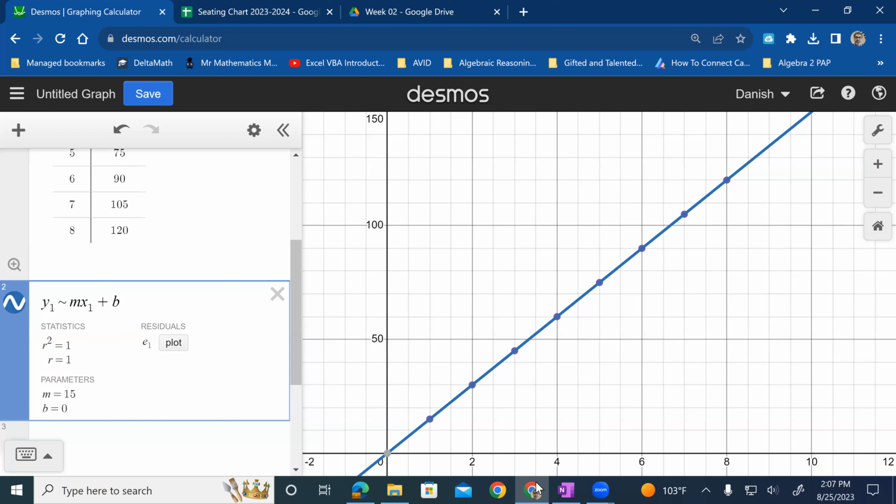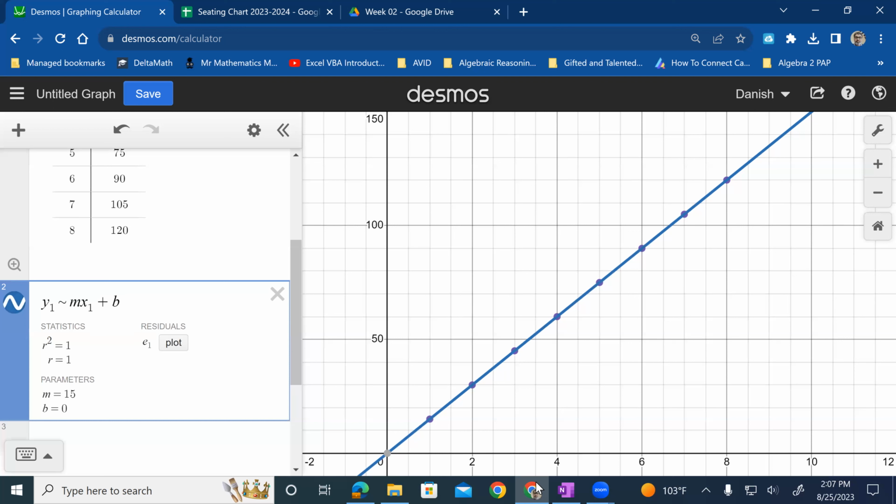The line is plotted over here, which is a good job. That's what we wanted to do. Did you notice that all the points are exactly on the line? All the points that we plotted through the table are on the line. That means it's a perfect fit.